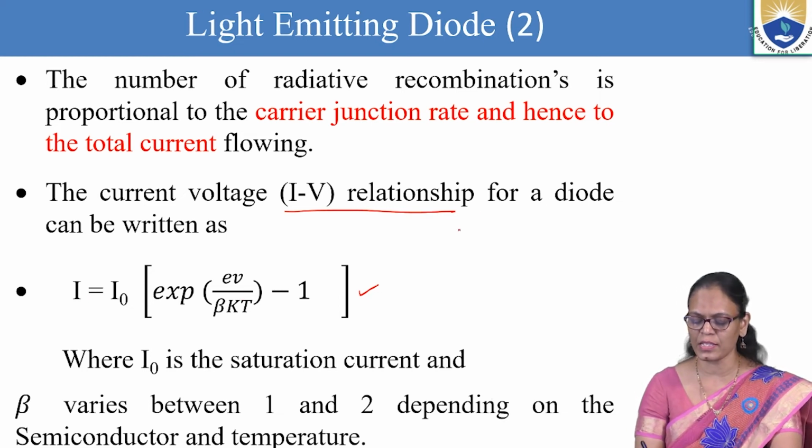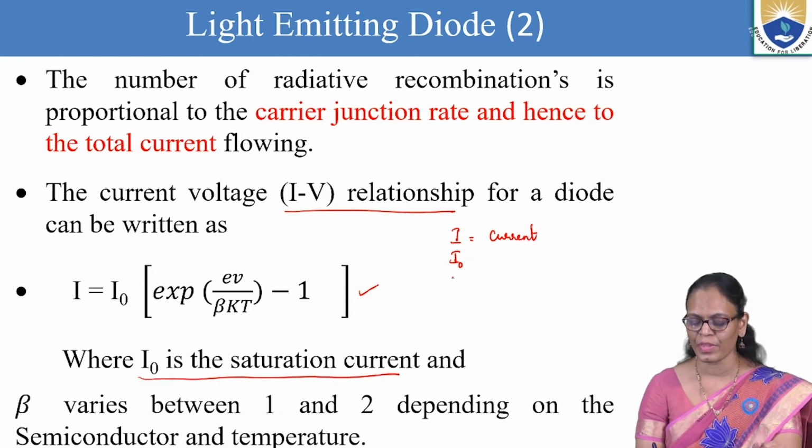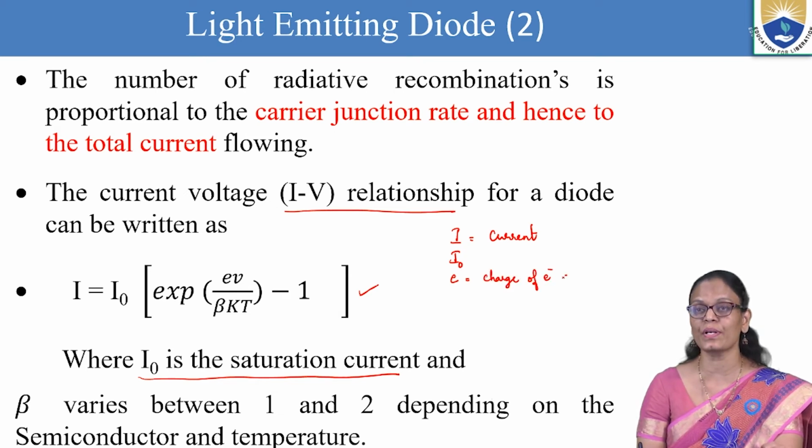I is the current and I naught denotes the saturation current. e is the charge of the electron, its value being 1.6 into 10 power minus 19 coulombs.